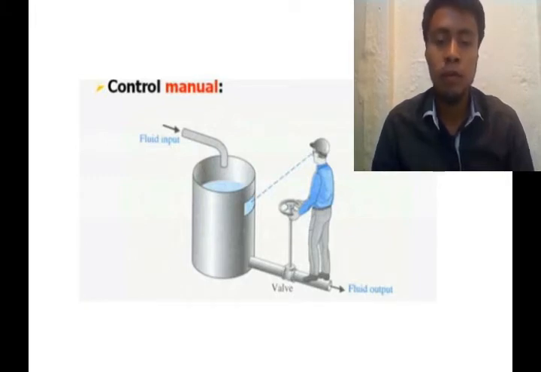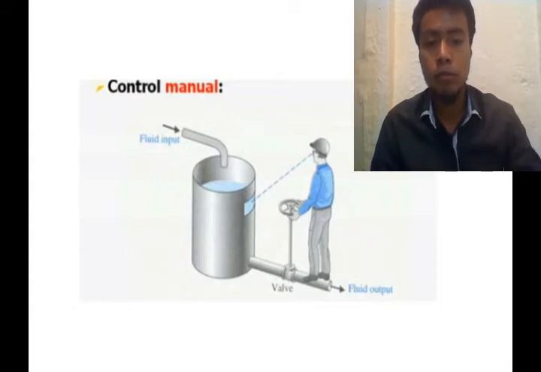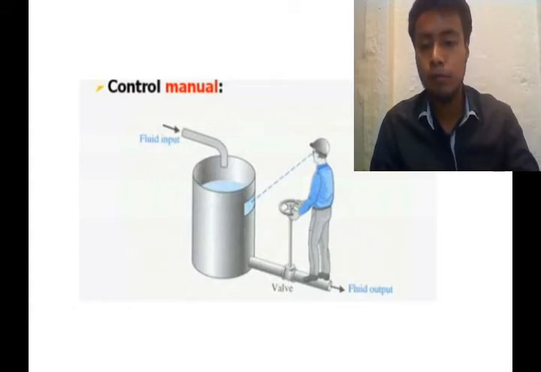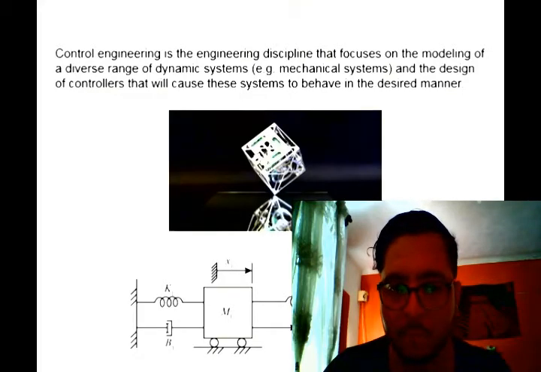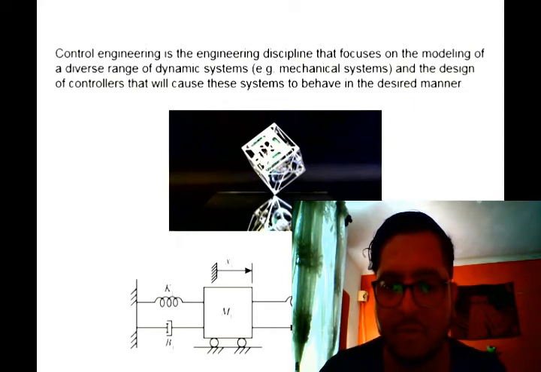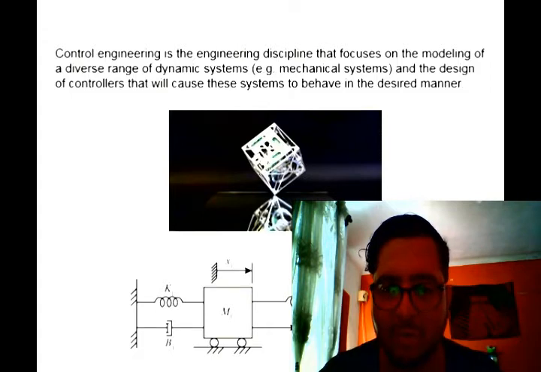For this, automatic control serves. Control engineering is the engineering discipline that focuses on the modeling of a diverse range of dynamic systems, and the design of controllers that will cause these systems to behave in the desired manner.